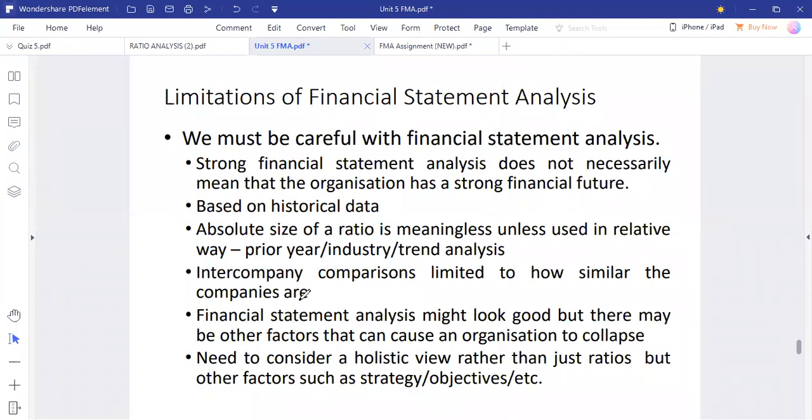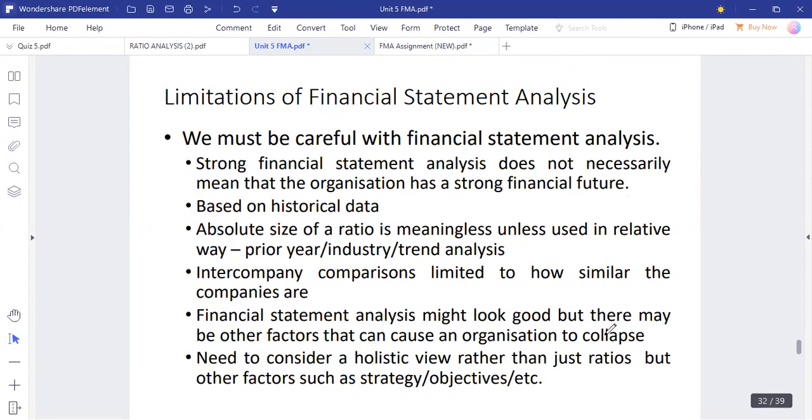And the financial statement analysis may look good, but there are other factors that may cause a firm to collapse. It is based on an assumption that these are the only factors that will determine company growth, where there could be others related to management, such as issues of human resource empowerment or motivation.